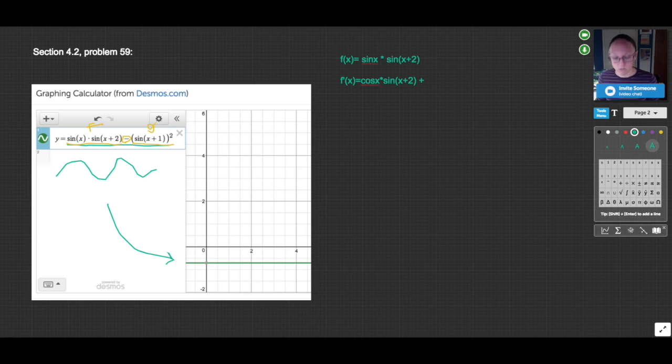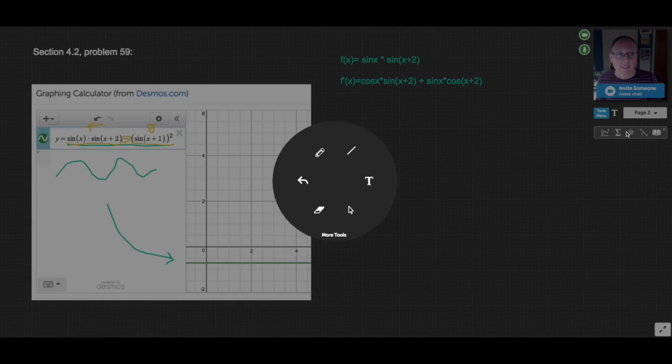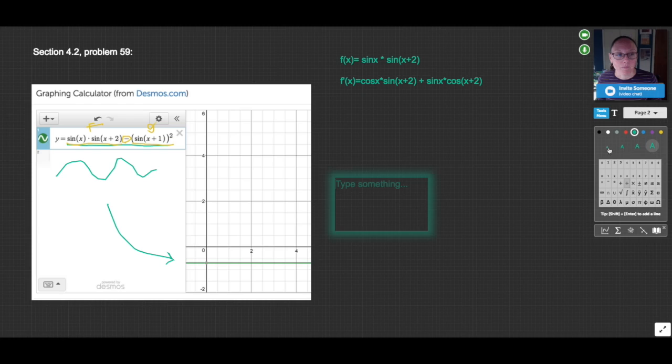And we're going to add that to leave the sine x alone times the derivative of sine, this time also cosine. Remember, calculus never changes what is inside the parentheses. So there's our derivative for the first part, the sine x times sine of x plus 2. Now, let's take a look at the second part.